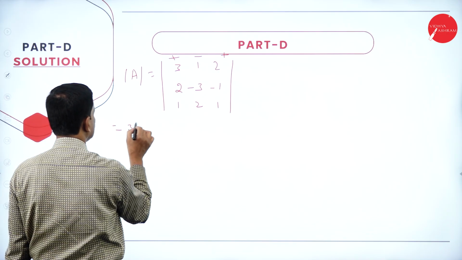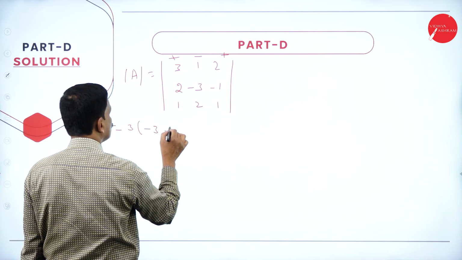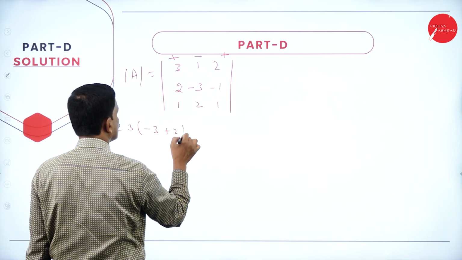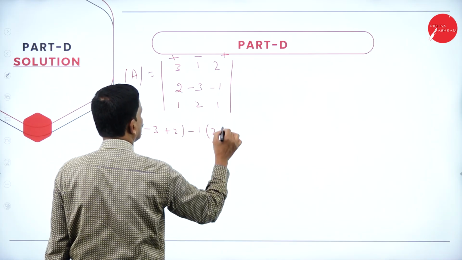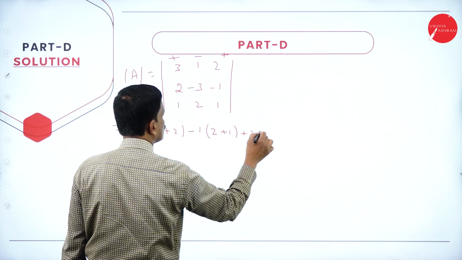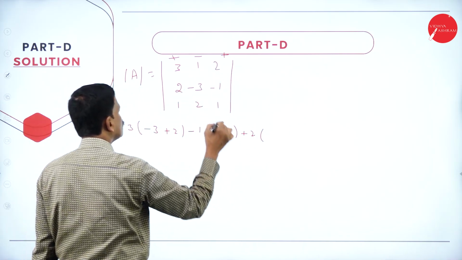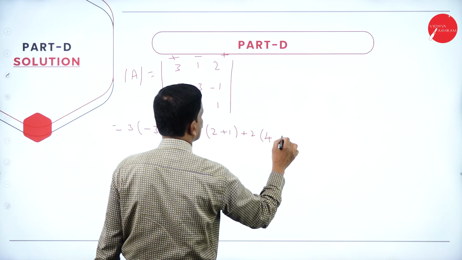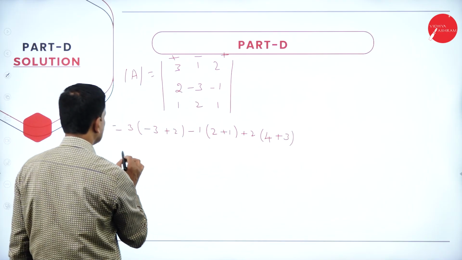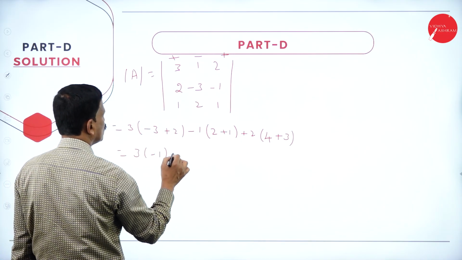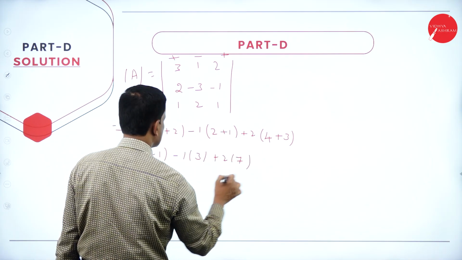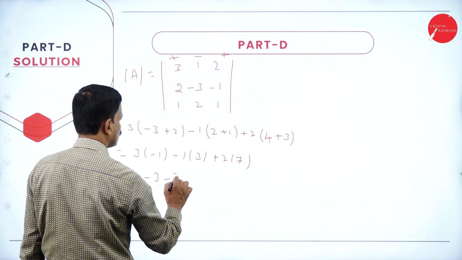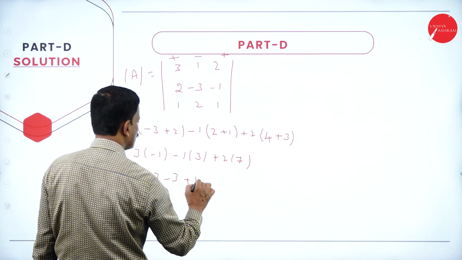This is equal to 3 into (1 3s are 3, minus 2 is minus 1), minus 1 into (2 1s are 2, minus minus 1 is 3), plus 2 into (2 2s are 4, plus 3 is 7). So, 3 into minus 1, minus 1 into 3, plus 2 into 7, 7 2s are 14.